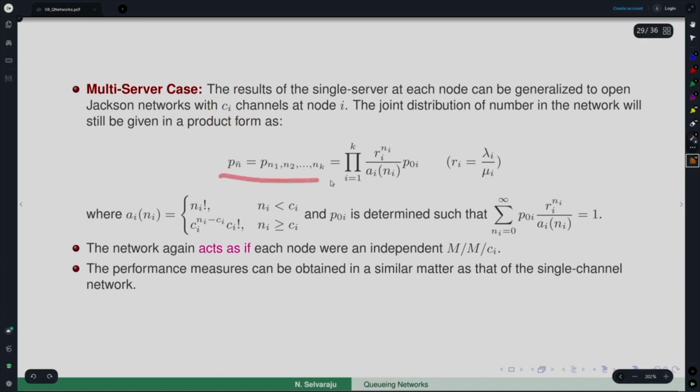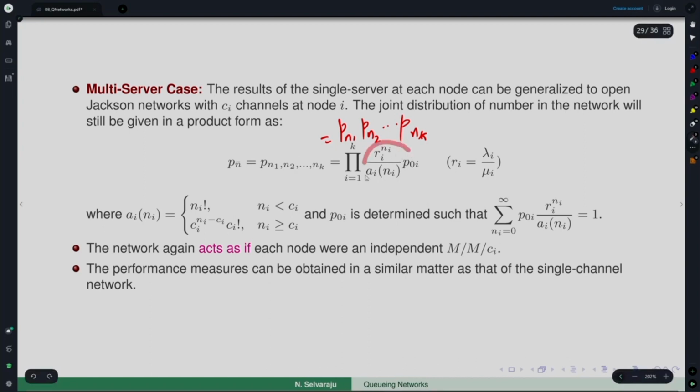Then again the joint distribution is given by the product of P(N1), P(N2) and so on, up to P(Nk), where now these Ps are really the equilibrium distribution of the number in the system in an M/M/C queue with Ci servers.